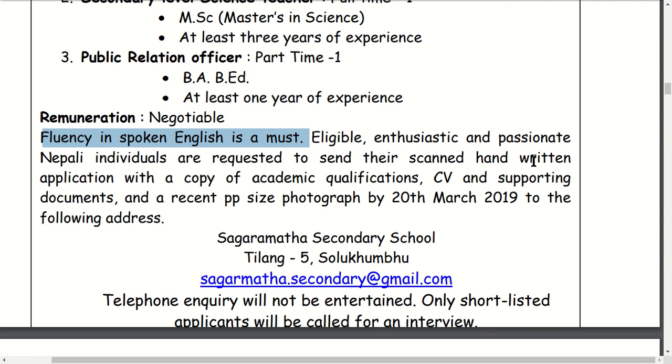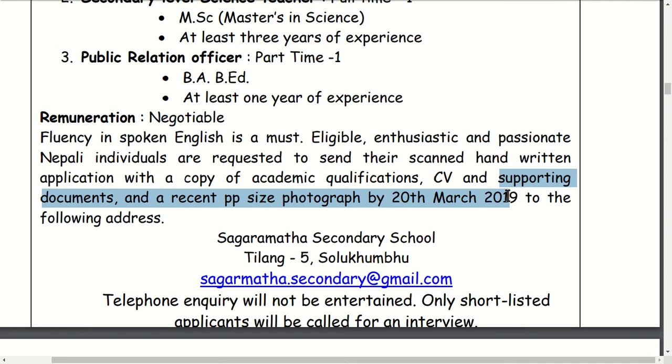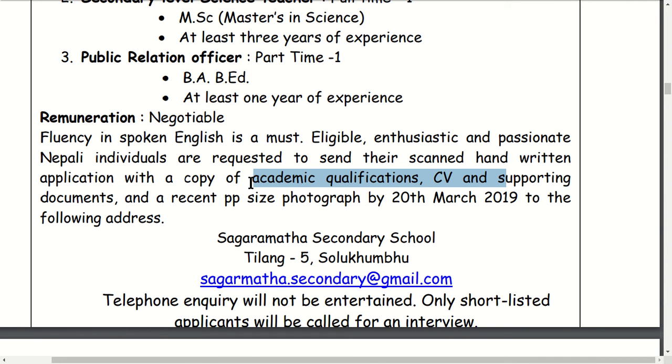He should also submit with the application a copy of his academic qualification as well as his curriculum vitae, and supporting documents such as experience documents are necessary. And a recent passport size photo. Okay, this is the date. The last date to apply is 20th March 2019.